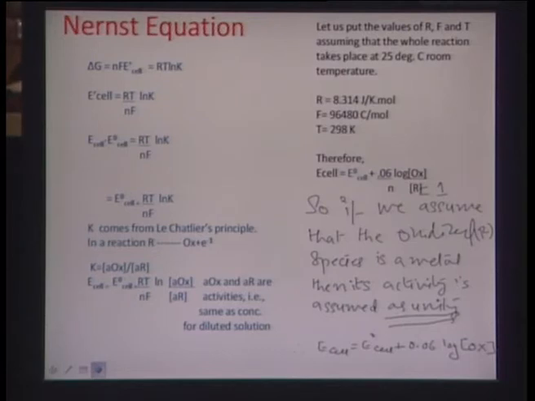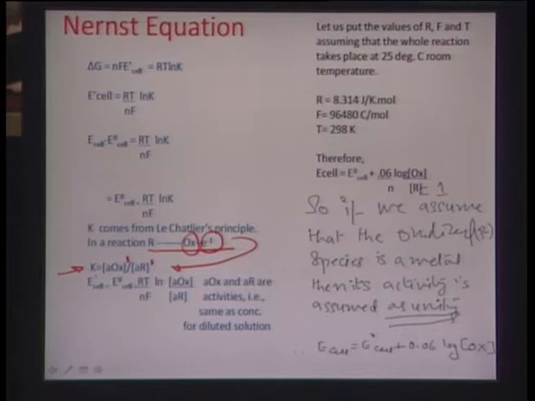There are two aspects which I would like to mention here. One is that let us think that in a reaction a certain reactant R is getting converted or oxidized into species OX and giving an electron, right. So, in such a reaction, the reaction quotient can be written as the activity of OX to the power of its stoichiometric coefficient, which is 1 in this case, divided by the activity of R, the material that is getting oxidized, to the power of its own stoichiometric coefficient, which is 1 in this case.